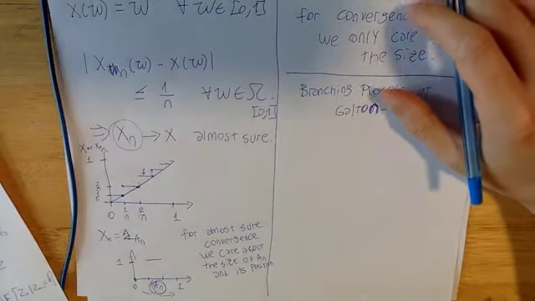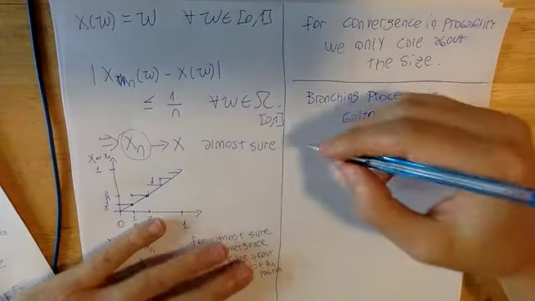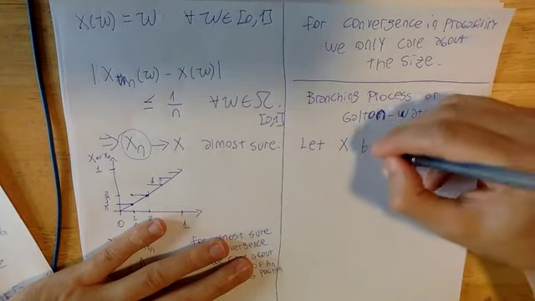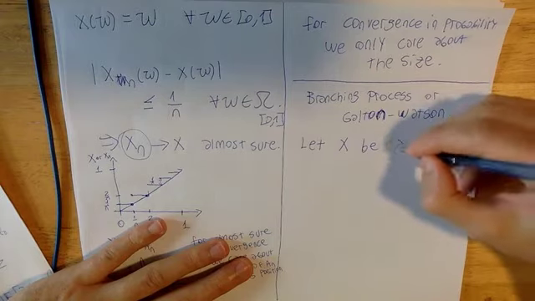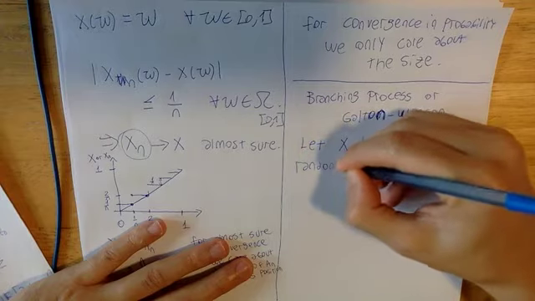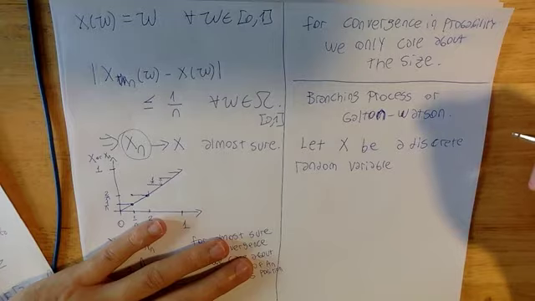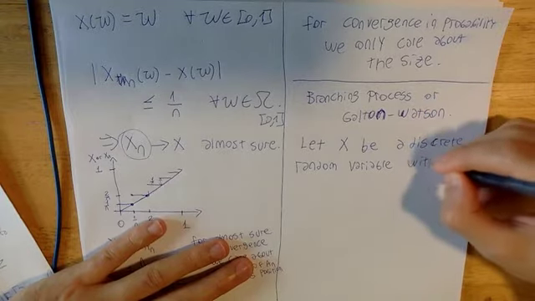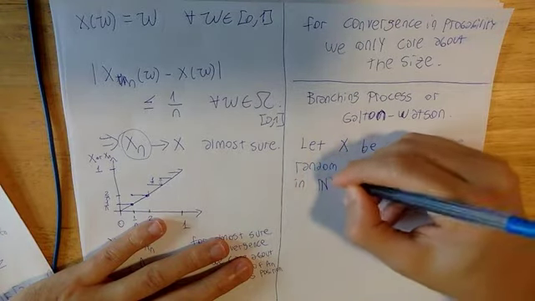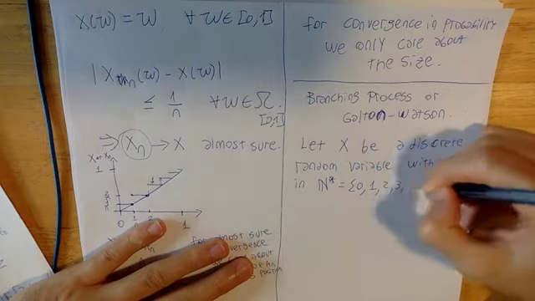Okay, so it depends on the notation, but yeah, let x be a discrete random variable with values in n star, which is equal to 0, 1, 2, 3, and so on.